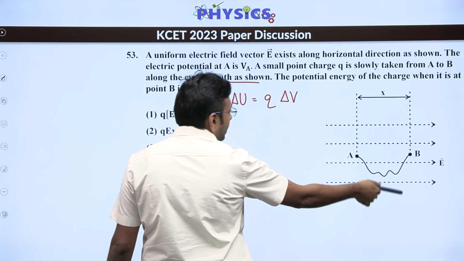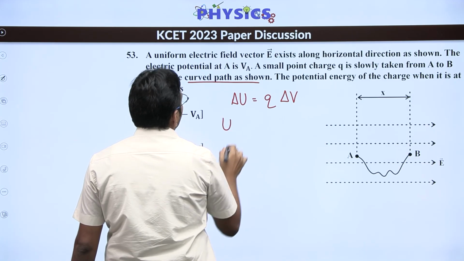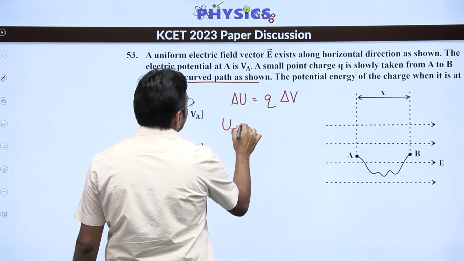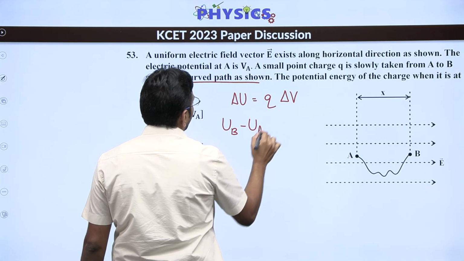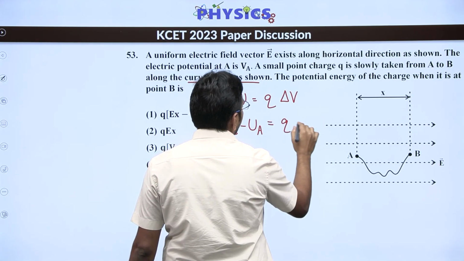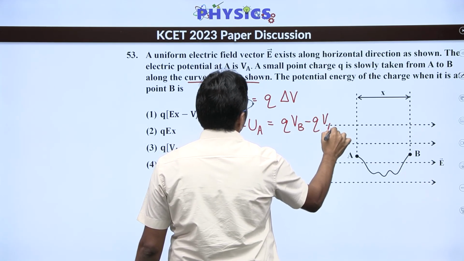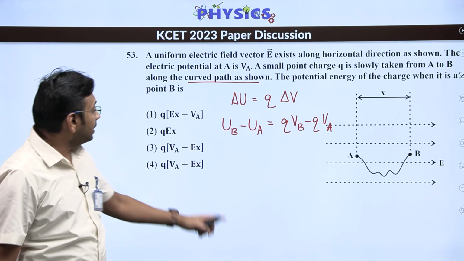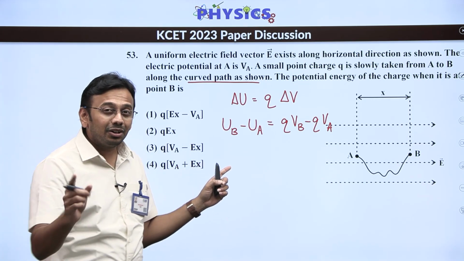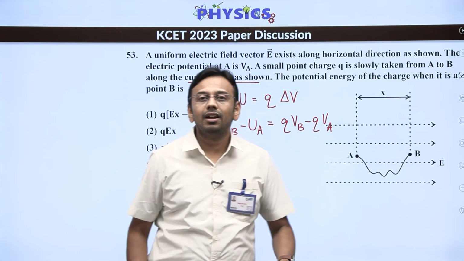We have to find the potential energy at B. We can say this potential energy change can be written as UB minus UA, and this is equal to Q delta V. So, it is QVB minus QVA. But the answer options, if we see, they are in terms of the electric field, and in the question also they have mentioned this electric field.